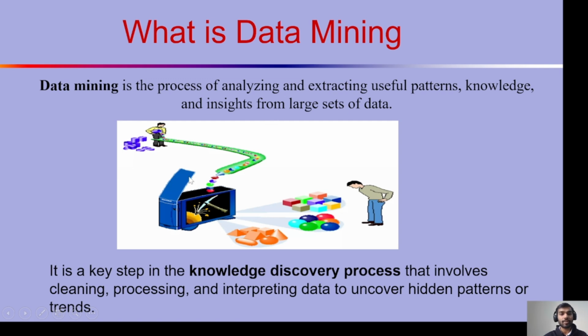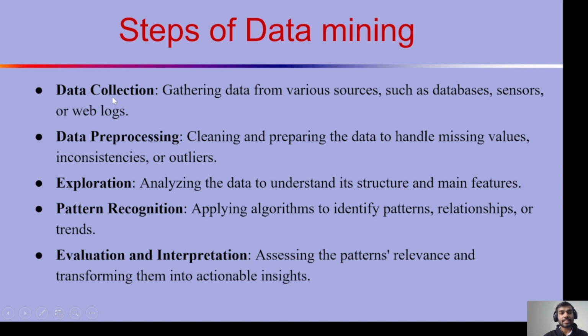There are several steps of data mining. The first one is data collection. You know very well that they collect your data, from your searches, from your IDs and all such things. After collecting data, there are several missing values and unclean, nonsense values, so they clean them. This comes under data preprocessing.